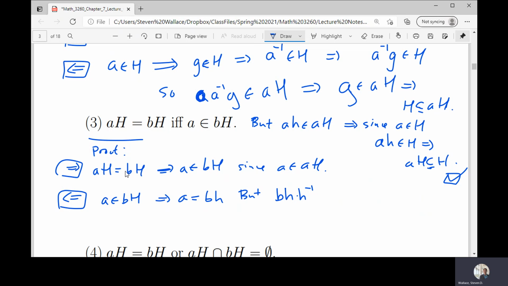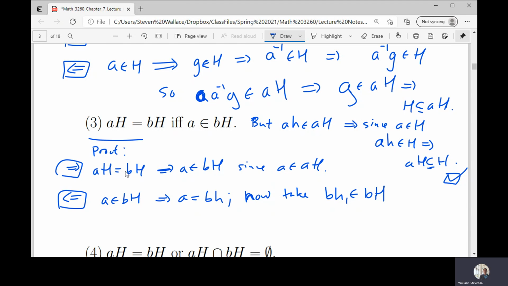H inverse would also be in, no, sorry, we want to show that. So yeah, we're going to take BH1 to be some other element in BH, and we want to show that it is contained in AH, right?